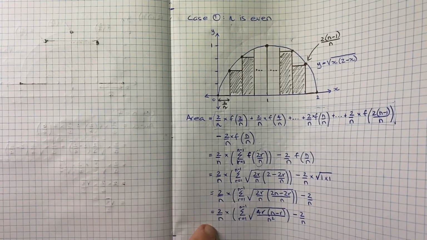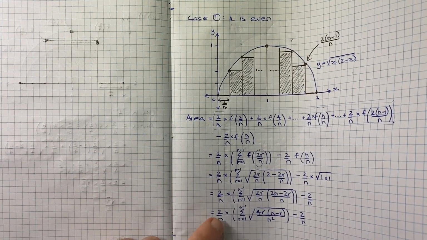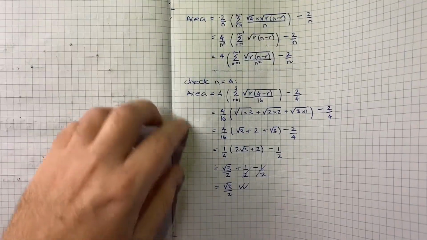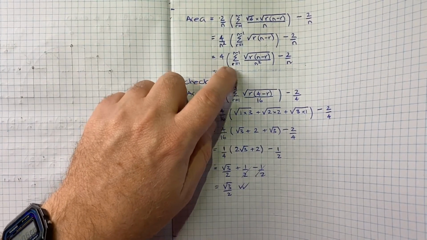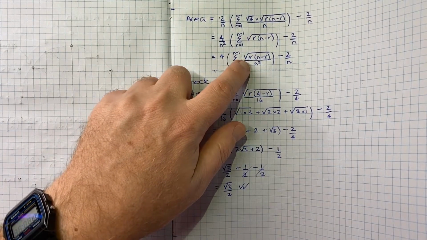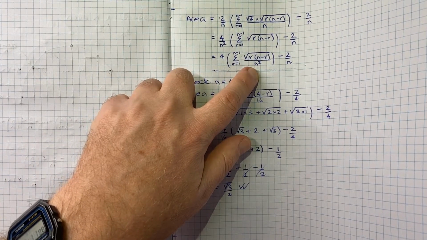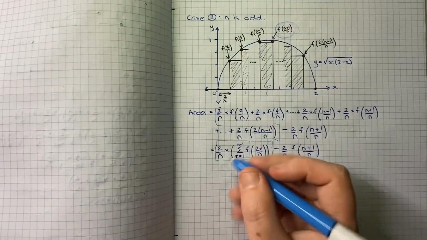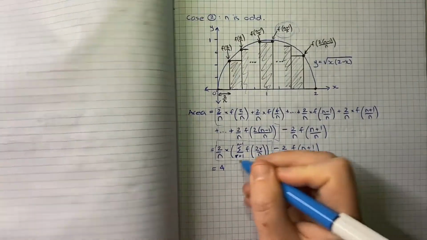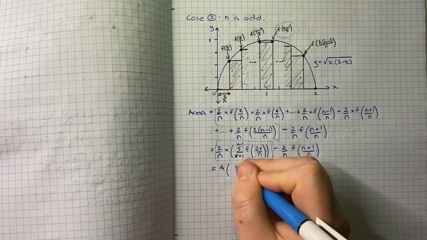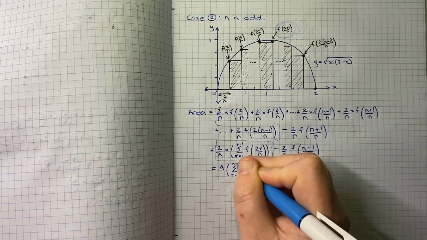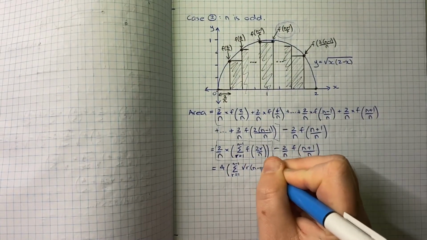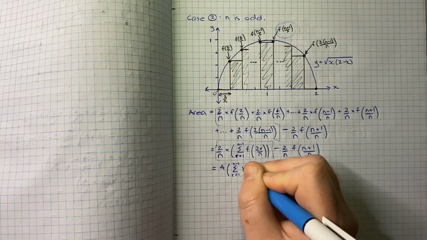So we can really just skip over these steps and know that it's going to get to the same thing, which I think we kept going with, didn't we? We got to 4 times the sum from r is equal to 1 to n minus 1 of root r times n minus r, all over n squared. So I think we can just skip straight to that. So this is going to be equal to 4 times the sum from r is equal to 1 to n minus 1 of root r n minus r, all divided by n squared.